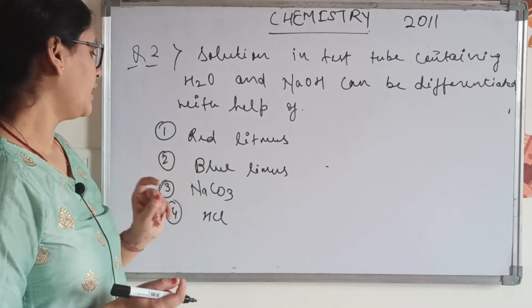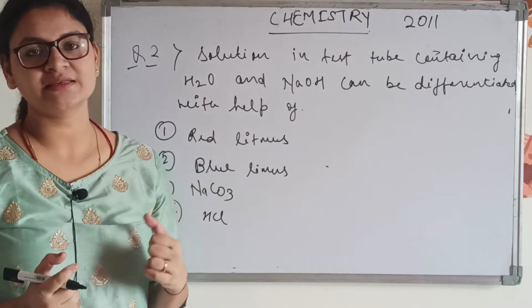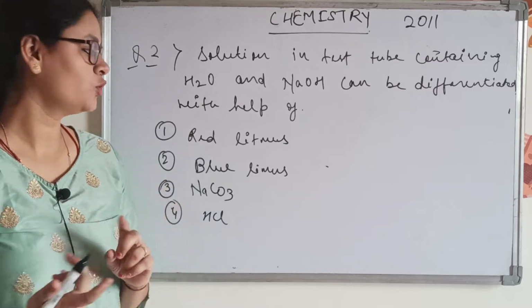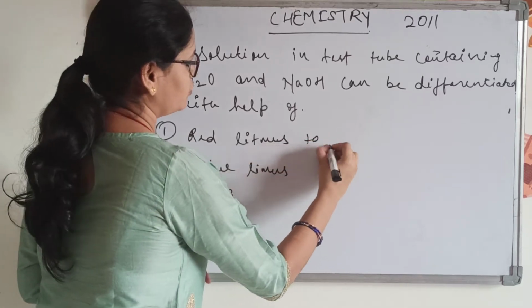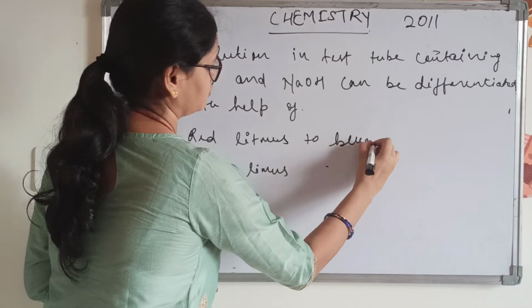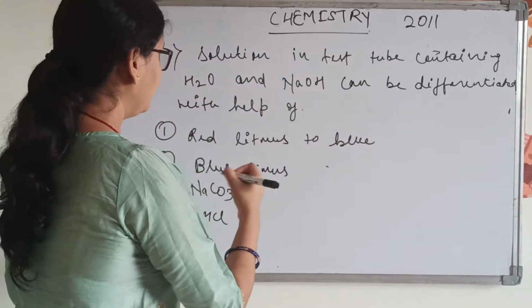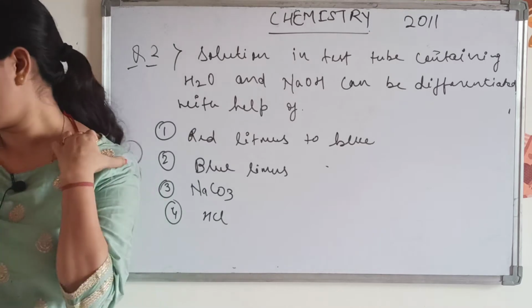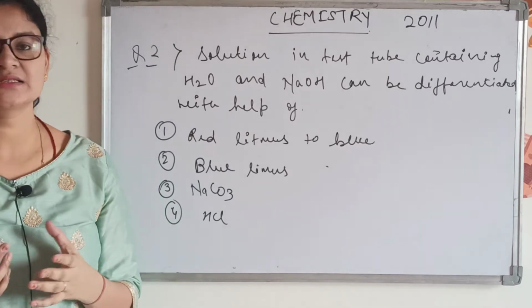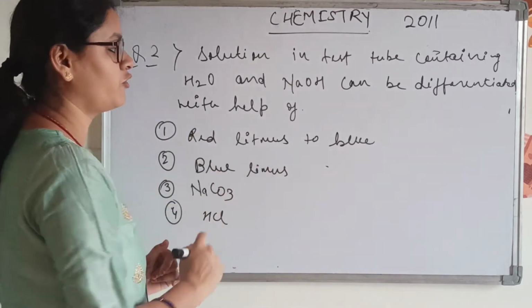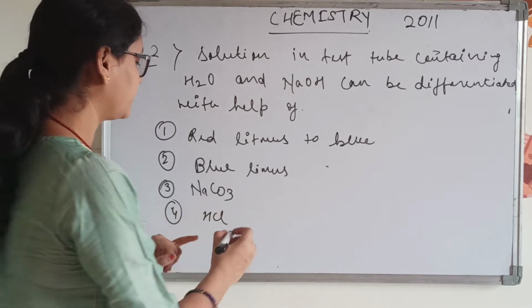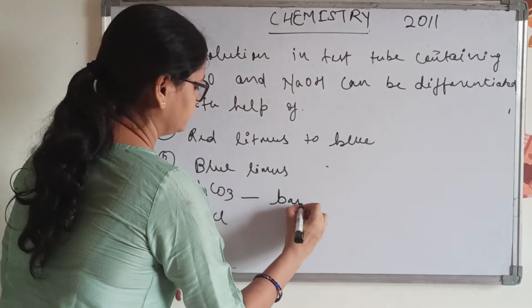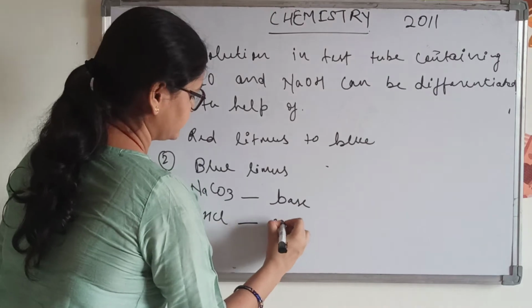Whenever a base is there, it turns red litmus to blue, while acids turn blue litmus to red. Sodium bicarbonate is a base and HCl is an acid.